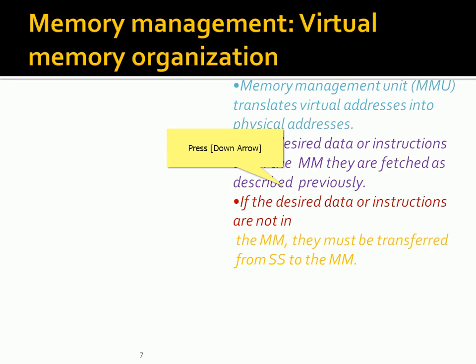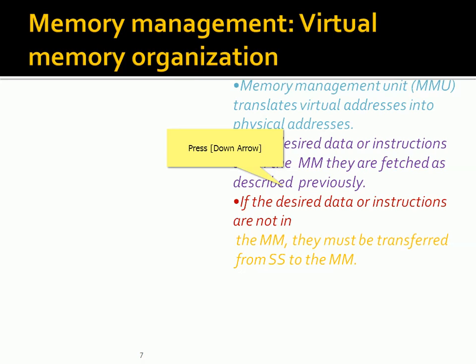Before supplying it to the processor, a copy has to be placed in the main memory, because in future the same instruction or data might be requested by the processor.